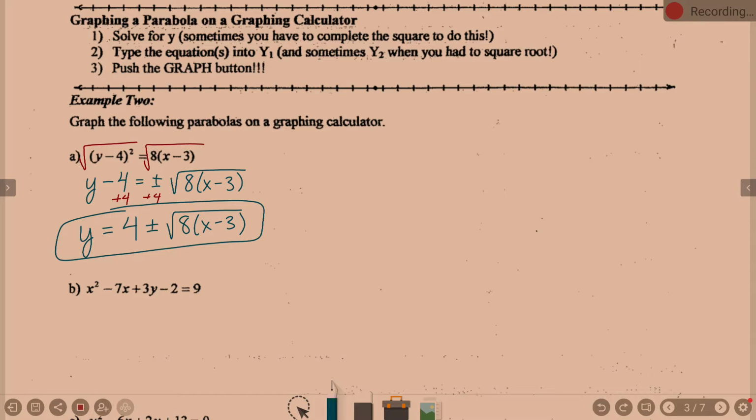You're going to be typing in 4 plus the square root of 8 times x minus 3. And you're going to be typing in 4 minus the square root of 8 times x minus 3. You'll want to type both in because we do not have a plus or minus.